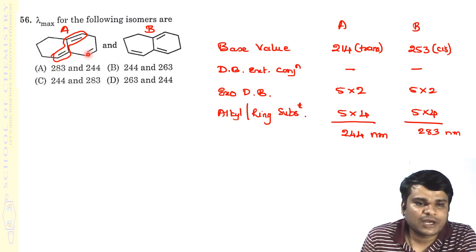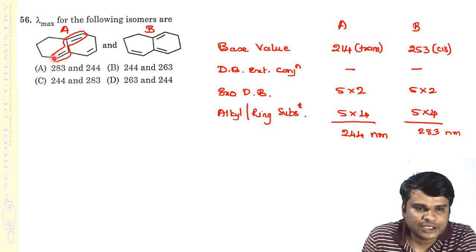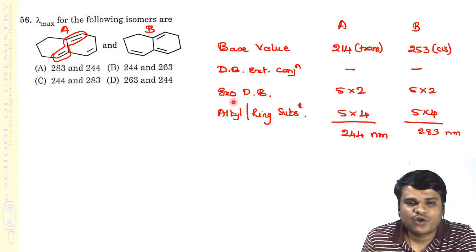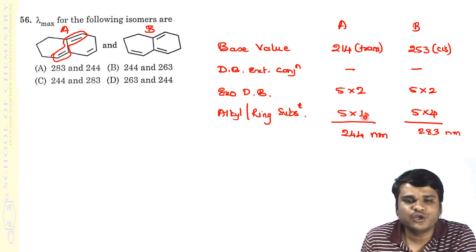So next, if you consider the attachments for this conjugated part, here you have one ring residue or alkyl substituent, and you can count both the same way. One ring residue here, one more ring residue here, right? Considering the conjugated system, third ring residue, fourth ring residue. So for 4 ring residues or alkyl substituents, it is 5 per ring residue, so 5 into 4.